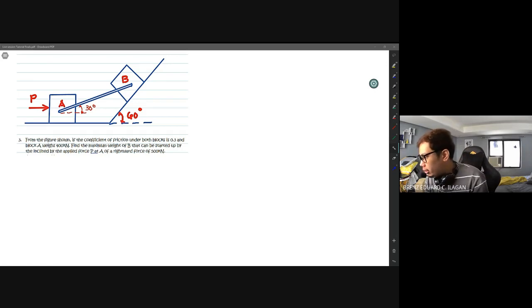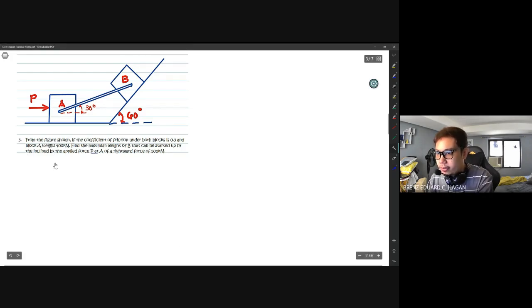Okay, guys, let's continue. For problem number 3, let's read first. From the figure shown, if the coefficient of friction under both blocks is 0.3 and block A weighs 400 kilonewton, find the maximum weight of B that can be started up the incline by the force P at A of a right wire force of 500 kilonewton.